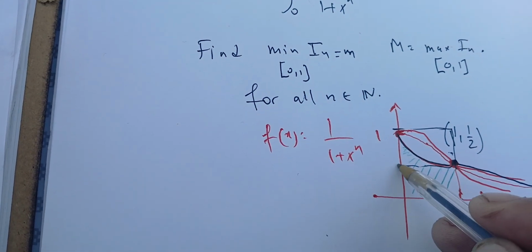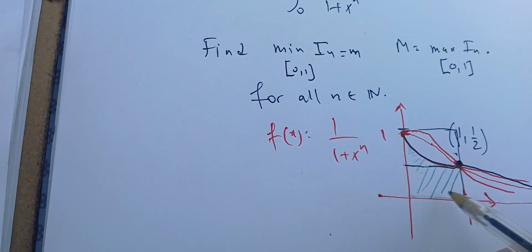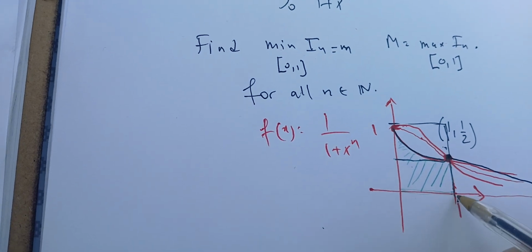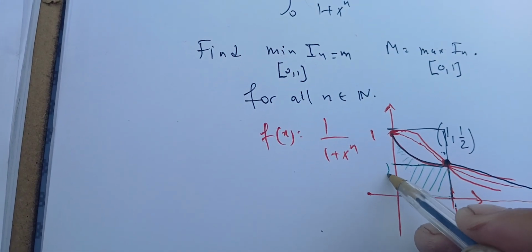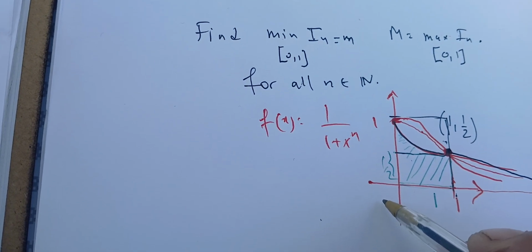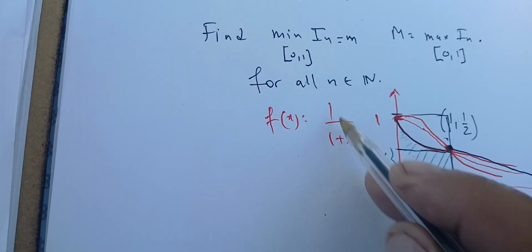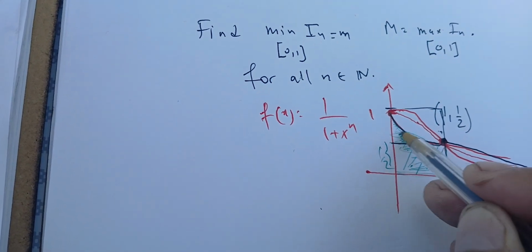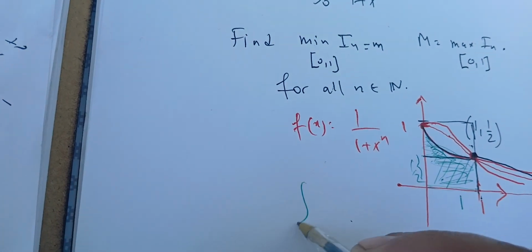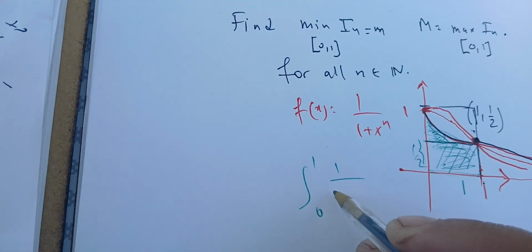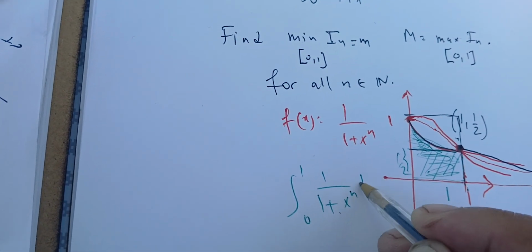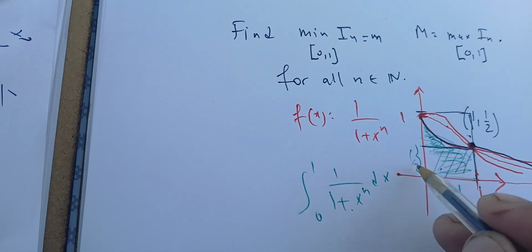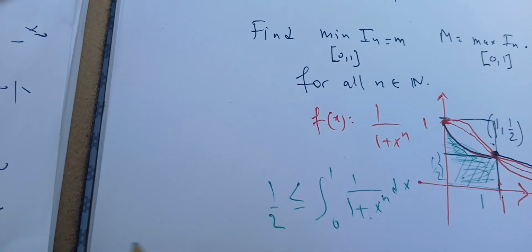It's bigger than this rectangle that has sides 1 and 1/2. So the whole area here, the integral between 0 and 1 of 1 over 1 plus x to the power n dx, is bigger than 1/2.